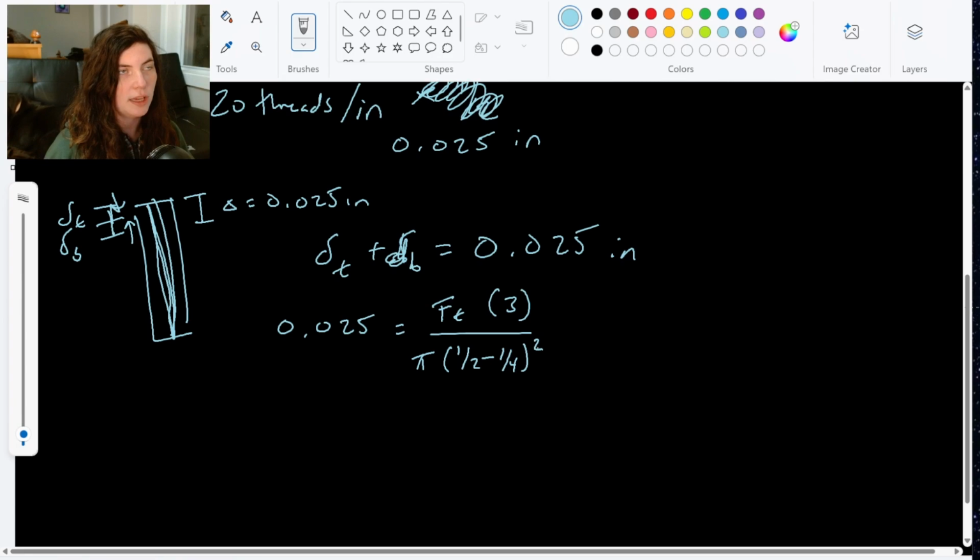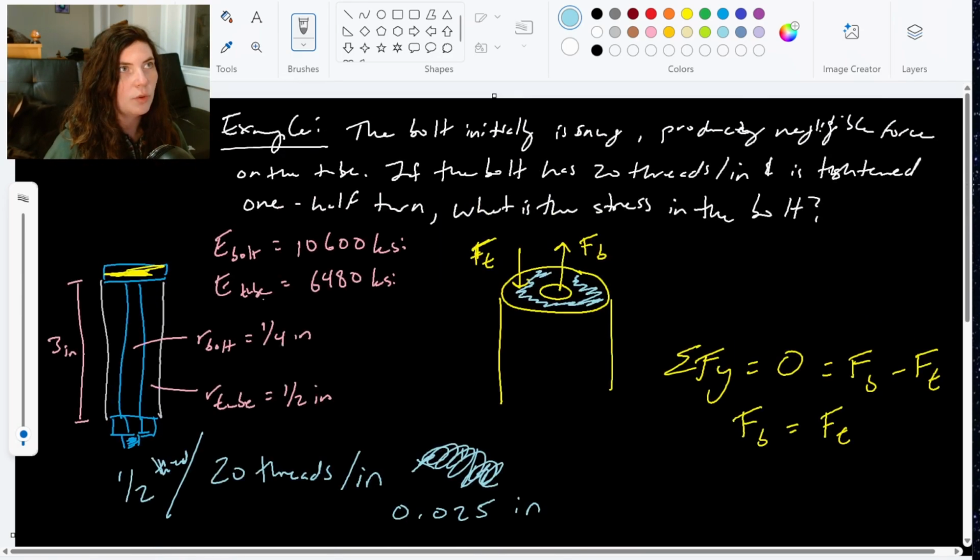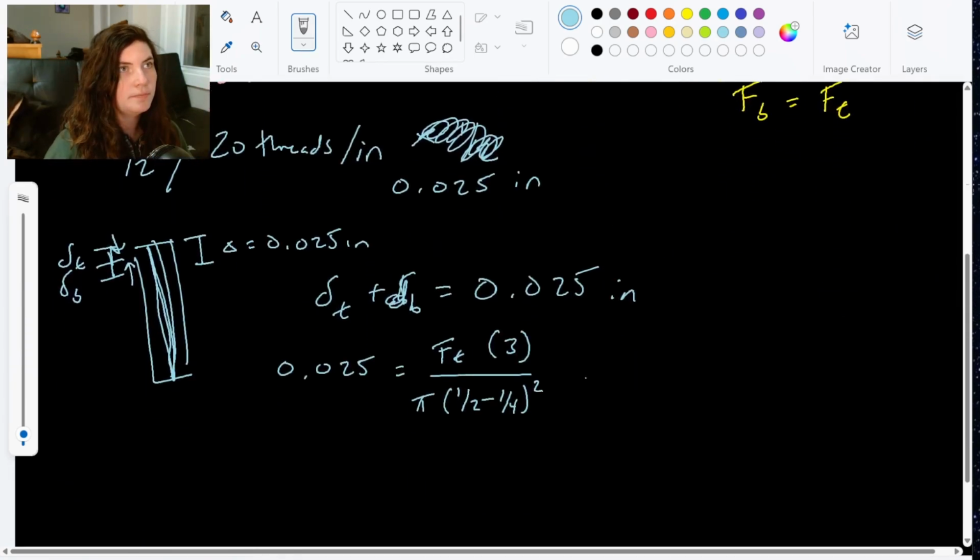Only the tubing is what we care about. And then the modulus of elasticity they gave us for the tube was 6480 KSI. Perfect. And then we'll add on the force in our bolt times the length, which again is going to be 3 inches. Same length for both.